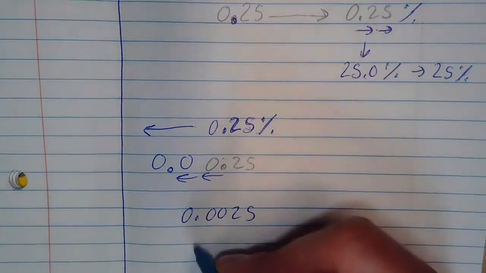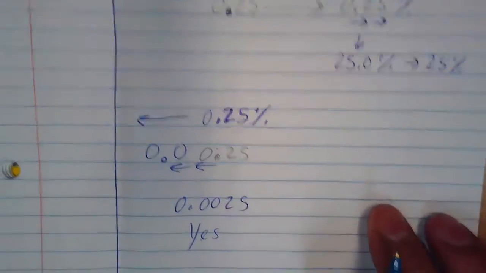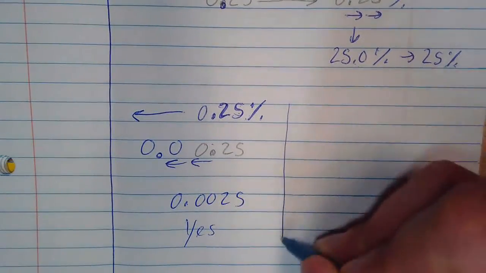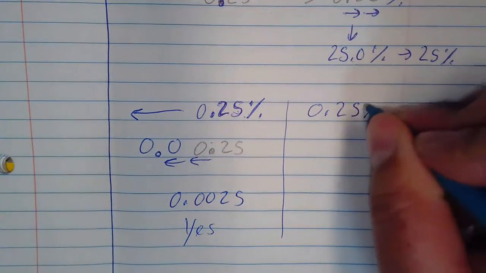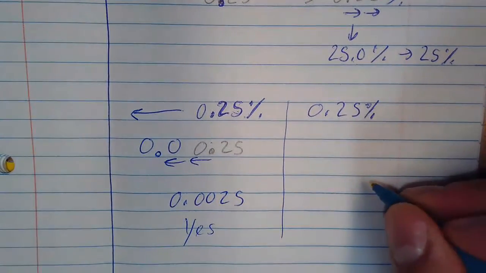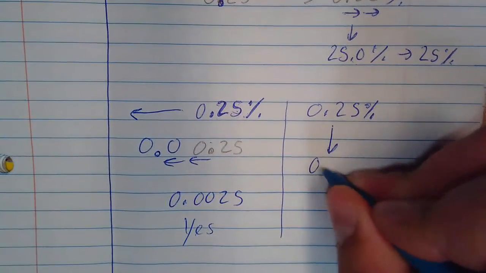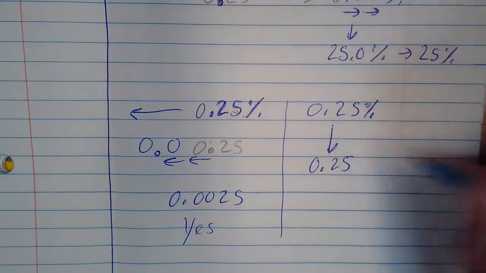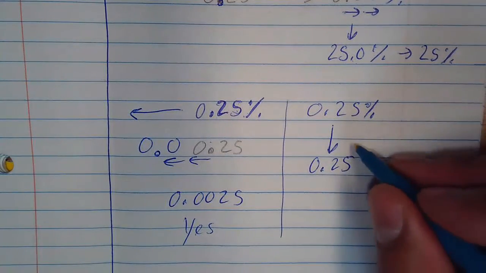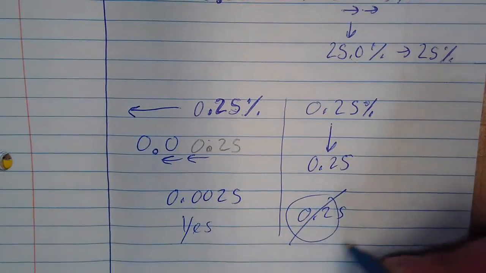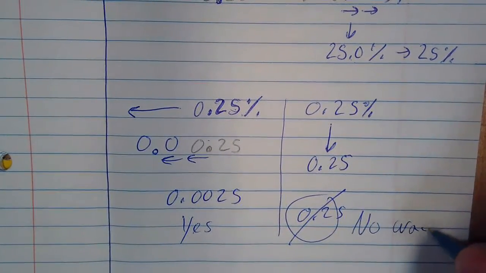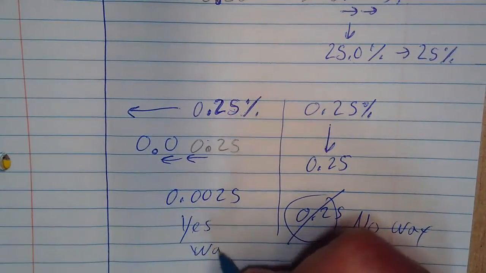Okay, so this is the yes way. Do not do this where, oh, I have 0.25%. I want a decimal number? Oh, all I got to do is take off the percent. Ta-da! I'm done. No. This is the no way. Okay? Yes way? No way.